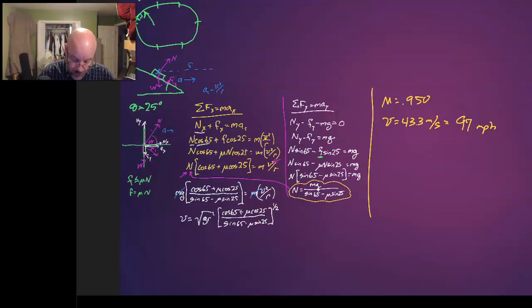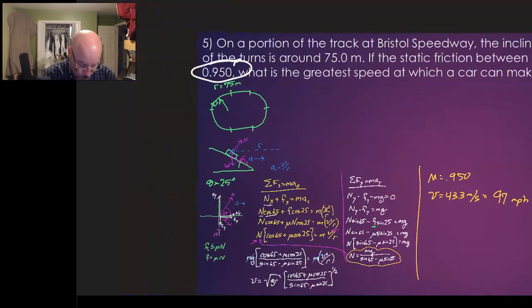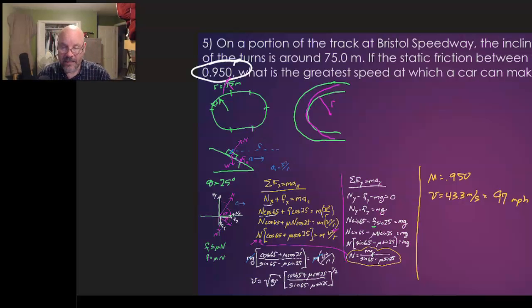One thing that occurred to me was that when these cars are actually racing, let me try to draw a little bit better job here of an oval like this. The path they take, if you've ever seen the racing, they kind of go from the outside to the inside and back to the outside like that. So the actual radius of curvature is not 75 feet. It's bigger. Okay, it's bigger.